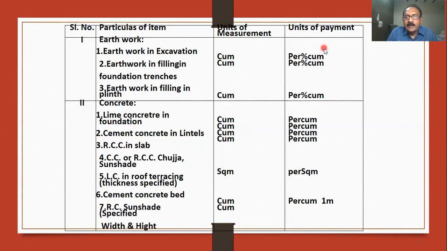And payment is per percentage of cubic meter. Suppose 100 cubic meter, that is 1. So for 100 cubic meter, say 1000 rupees. This is the only difference between other items and the excavation item. So observe the units of payment: percentage of cubic meter.